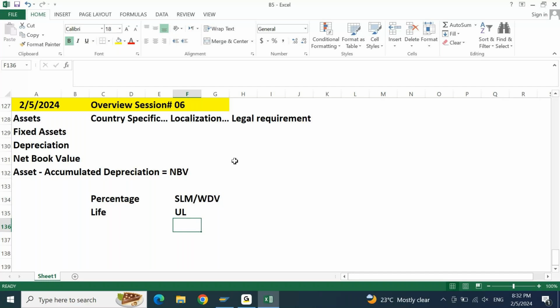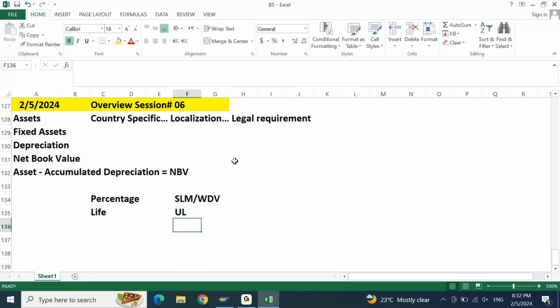When I am dividing this 10 over my total year, I can divide in two ways. Point number one, I can divide 1 year by 12 months, or I can divide 1 year by number of days, 365 days.